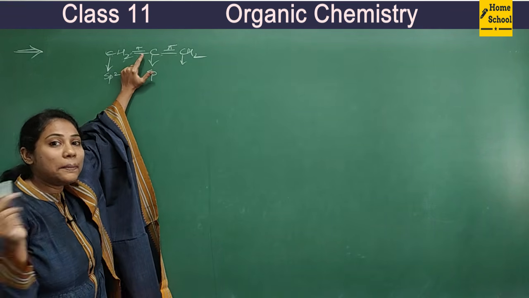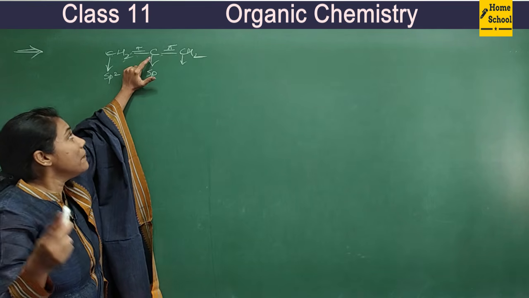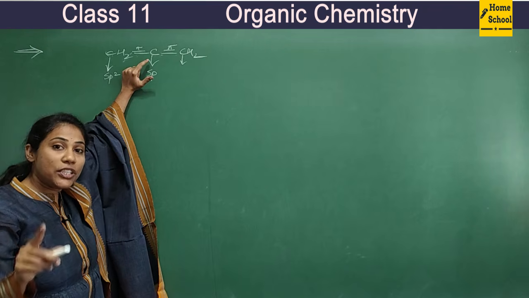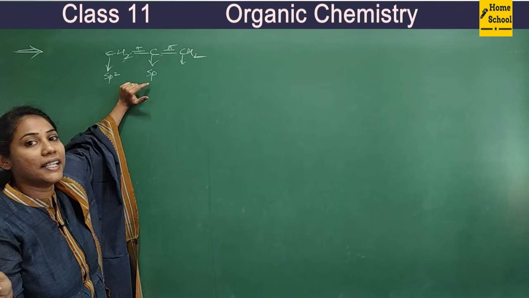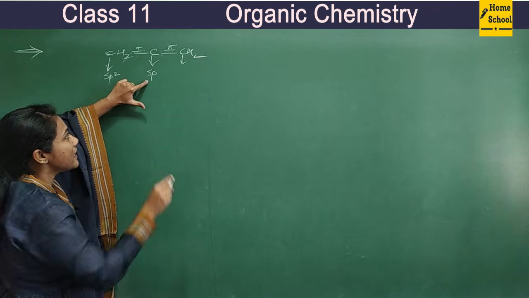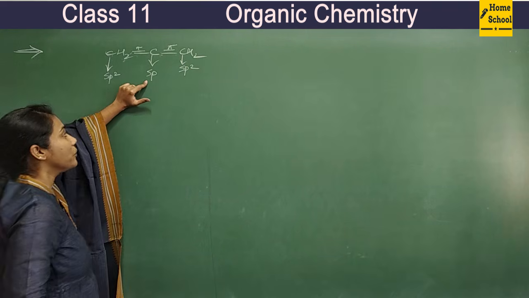If a carbon has got a double bond, then it is sp2, but sometimes you have to think carefully. The concept is actually: if a carbon has 2 pi bonds around it, then the hybridization is sp. So here this carbon's hybridization is sp and this carbon's hybridization is sp2, right?